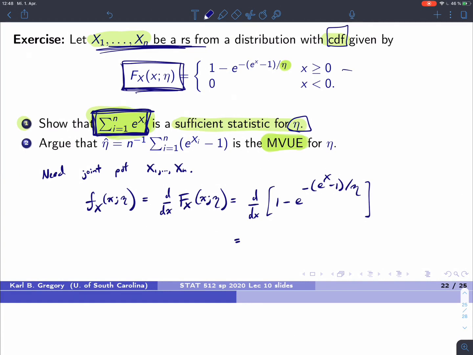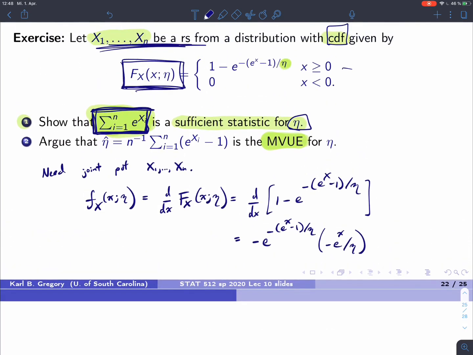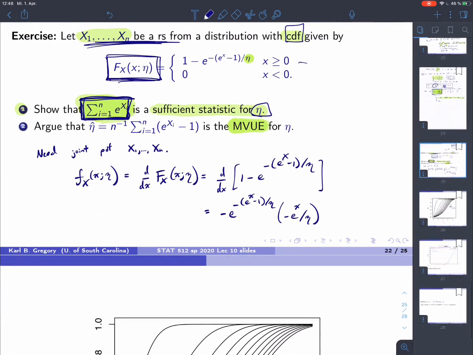We're going to get negative e to the negative e to the x minus 1 over eta. And then by the chain rule, we're going to get minus e to the x over eta. Okay, coming from the top. Let me add another page in here.